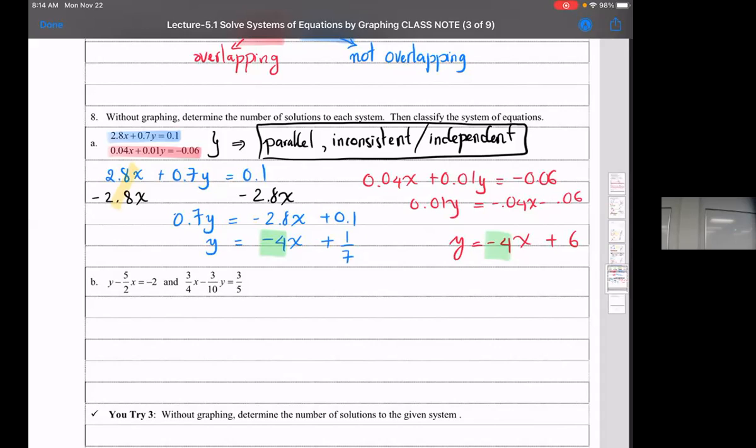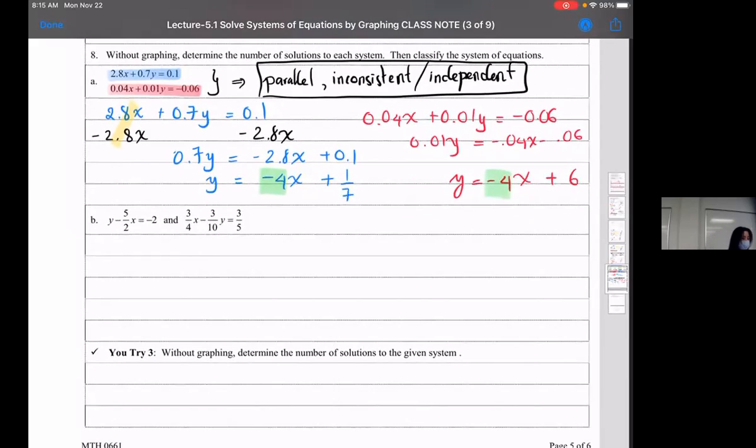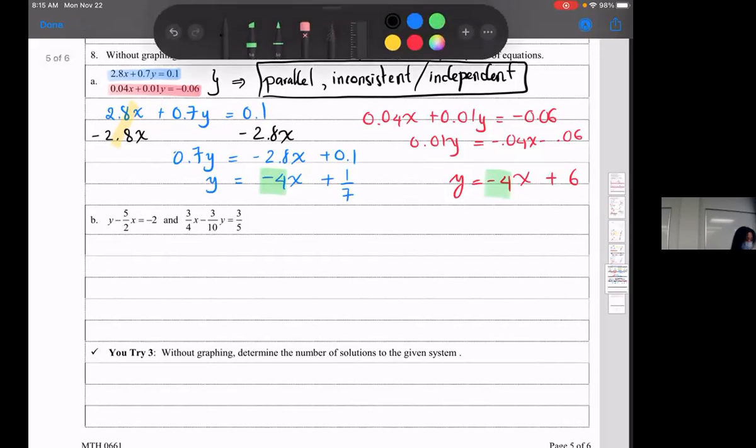Anyone? Right. So it looked like most people, I don't know the answer until I do this, but most people got coinciding, overlapping.